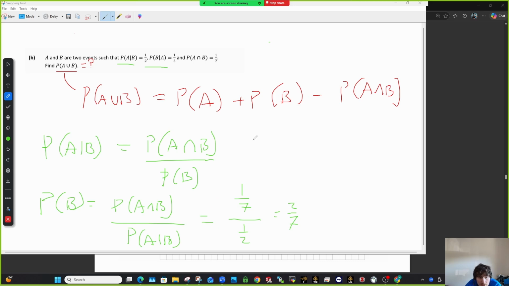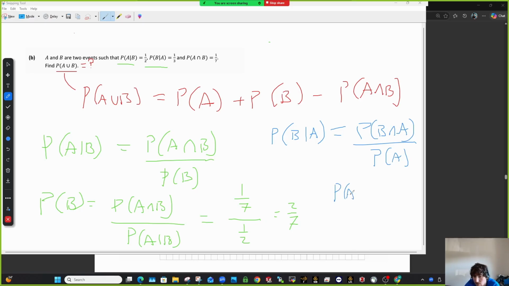Great. So we can probably just do the same process then with the other guy. Let me switch up the colors. So we are dealing with B given A here. So intersection of the two things divided by the last thing mentioned. And then we'll do the same thing here because we have this guy from the question, and B intersect A, as I've already said to you, is the same as A intersect B. It's the same thing.